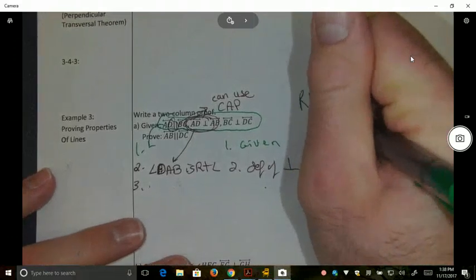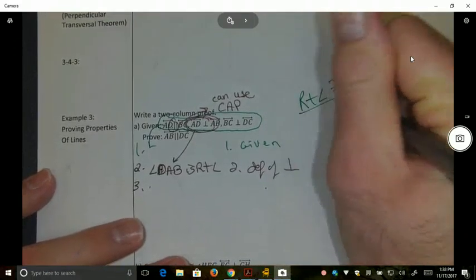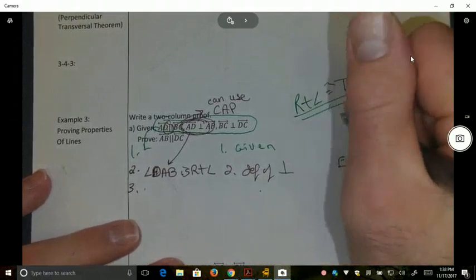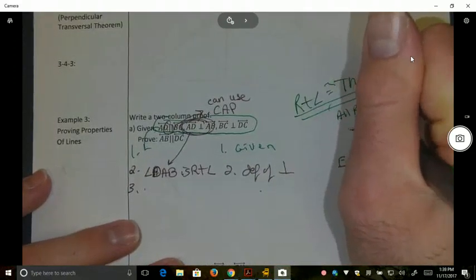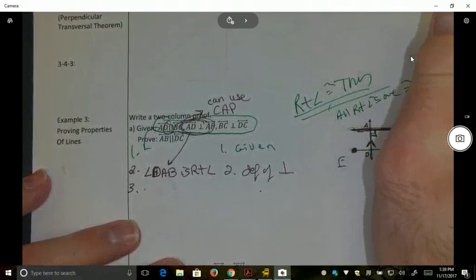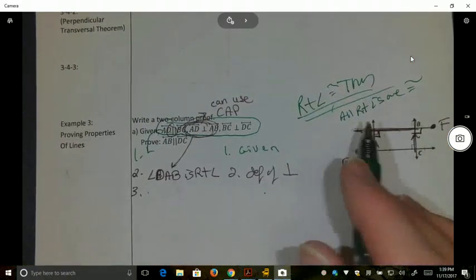But remember, we've proven right angle congruence theorem, which says that all right angles are congruent. So we used that actually a while ago. We're actually going to start using that theorem here.